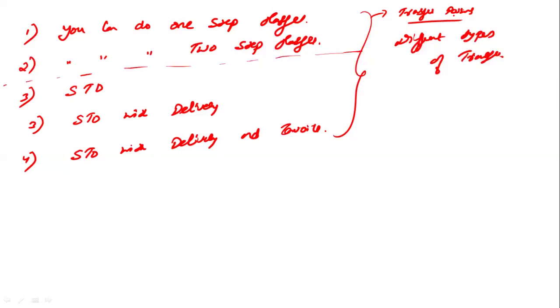And we also said that whenever we do transfer posting, there is only a material document, no accounting document. There is no money getting transferred between plant to plant, only the stock is getting transferred. From a finance perspective, only BSX is getting posted, no WRX.